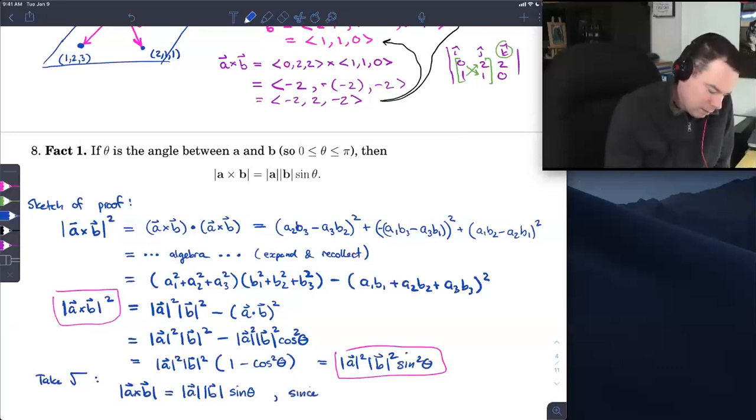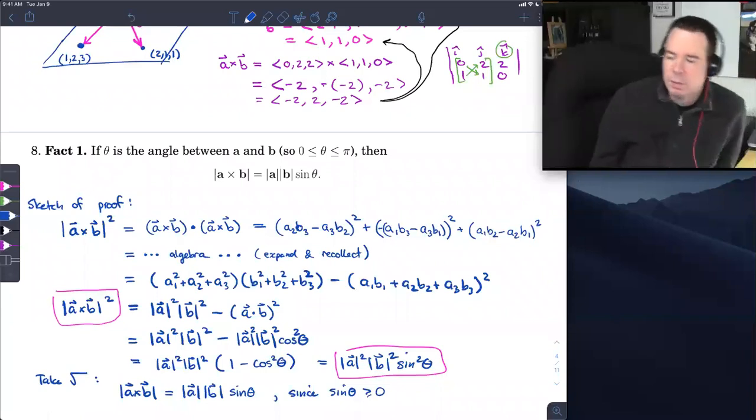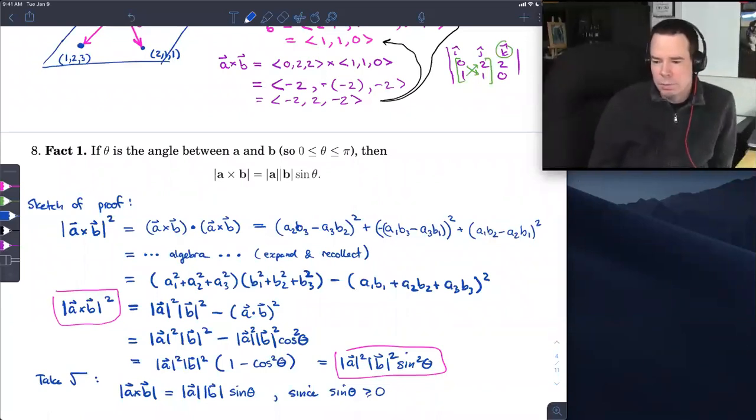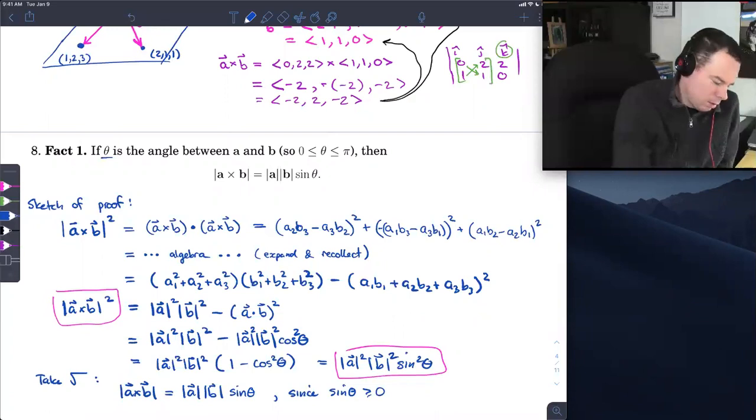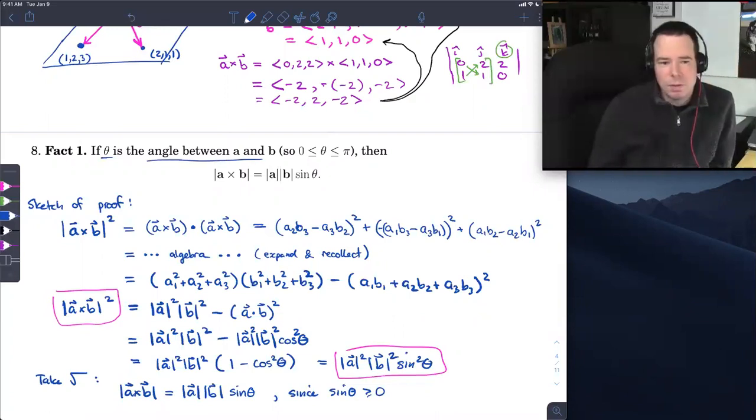And that's since sine theta is positive, or non-negative, I should say, because it could potentially be 0. Why do I know that the sine of theta is greater than or equal to 0? Well, that's because I know something about the angle between the two vectors. The angle between the vectors is between 0 and pi.